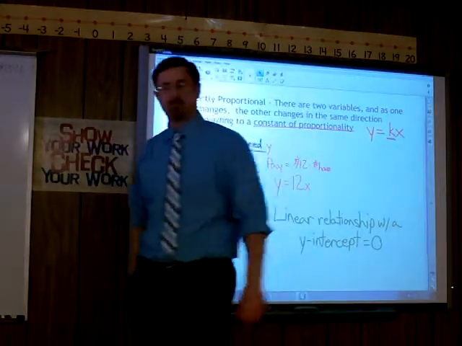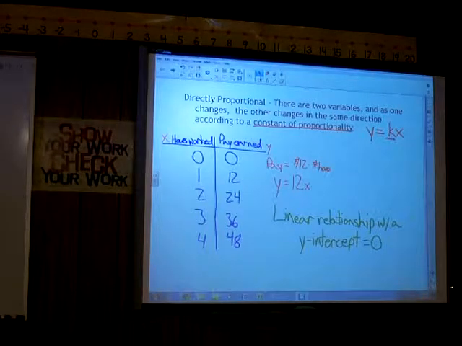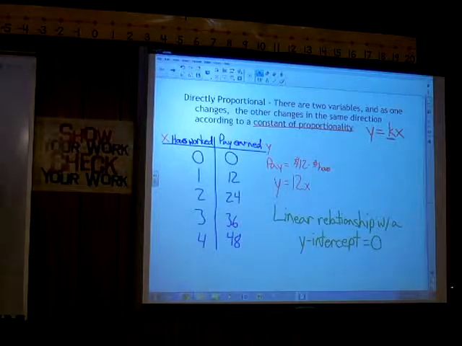That's how we know two things are directly proportional. And guys, this shows up all over the place. How much you're getting paid is a perfect example. You don't work, you don't get paid. You work an hour, you get 12 bucks. Work 2 hours, you get 24. 3, you get 36. So very simple, but it's directly proportional.